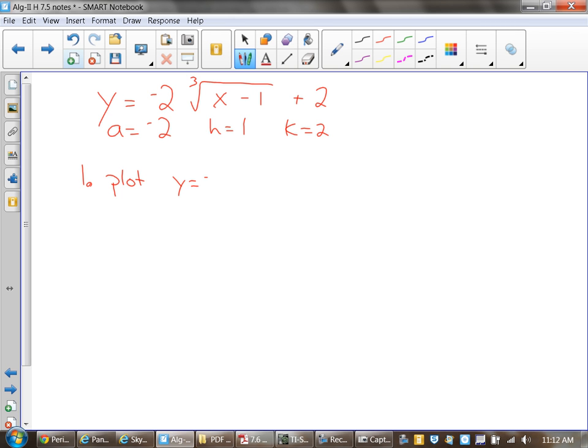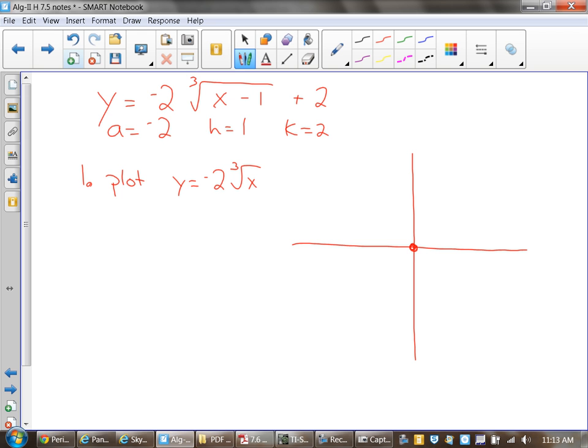We start by plotting the -2 cube root x. Use the 3 points that are easy to work with. I know it's going to be 0, 0, no matter what.